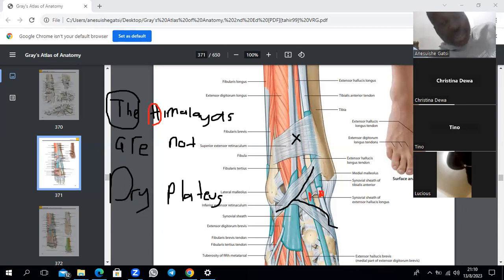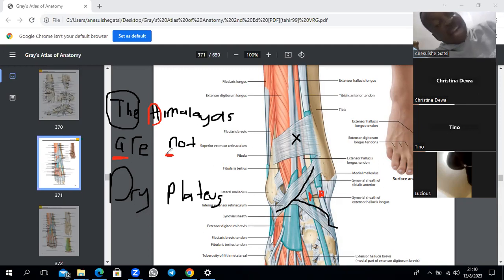Right. So the Himalayas are, the A is an artery. So the artery from the anterior leg, we called it anterior tibial artery. As it goes to the dorsum of the foot, it changes name to become dorsalis pedis. Right. Dorsalis means dorsum of the foot, which is the top of the foot. Pedis means foot.